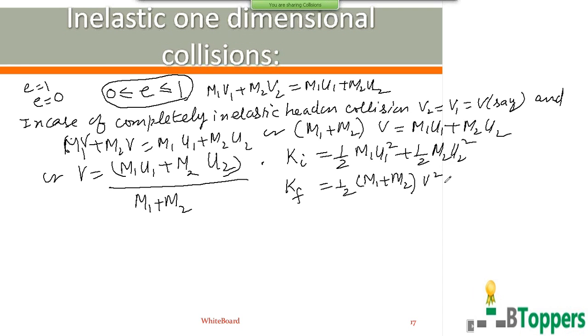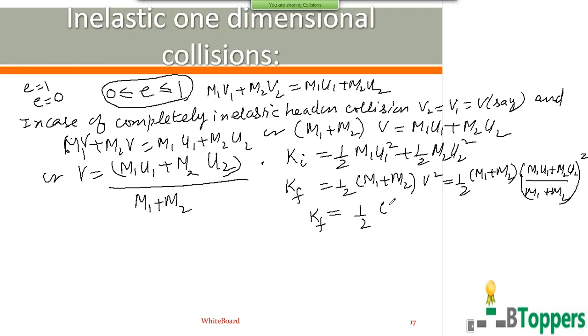With v equal to (m1 u1 plus m2 u2) by (m1 plus m2), the final kinetic energy just after collision is half of (m1 u1 plus m2 u2) whole square by (m1 plus m2).